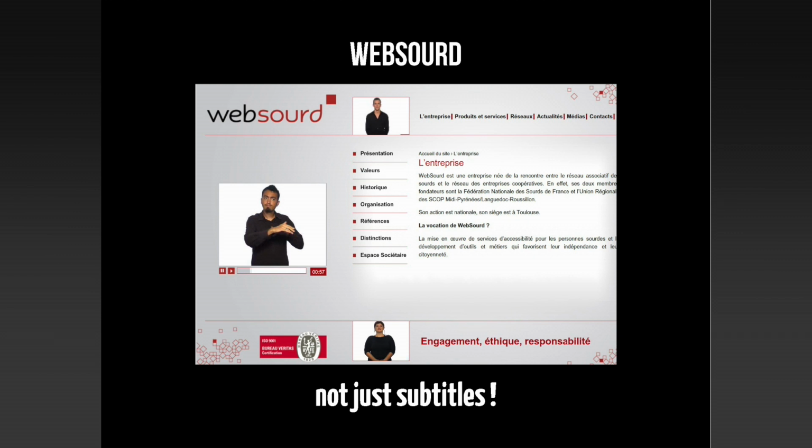So whenever you hover one of the links, you're going to have the translation played in the top frame. Then the main content of the page is going to be on the main video frame. And then at the end, just the caption, translated into sign language.